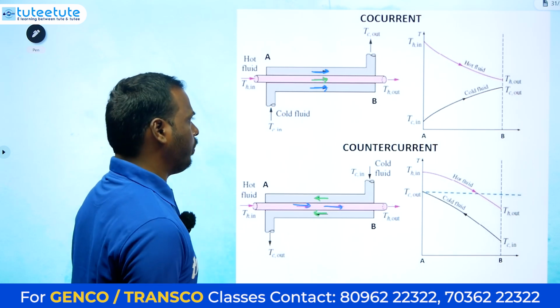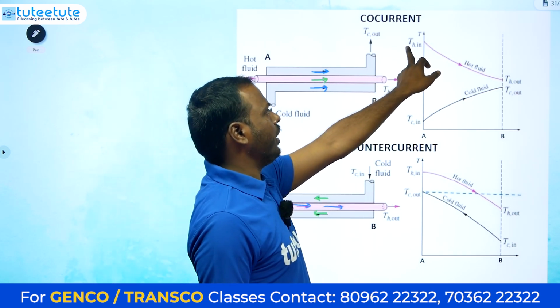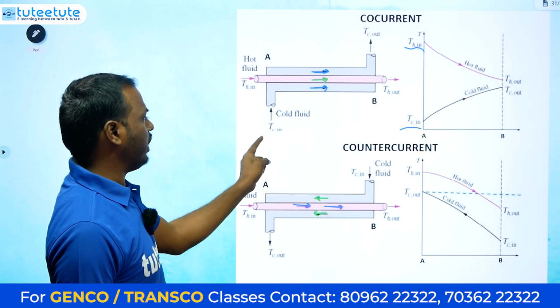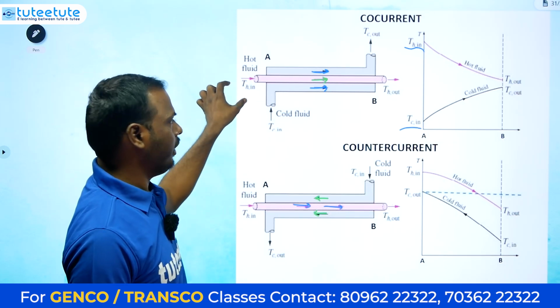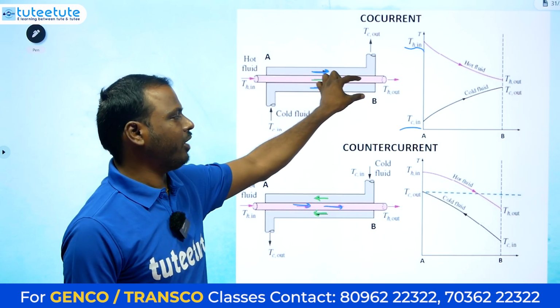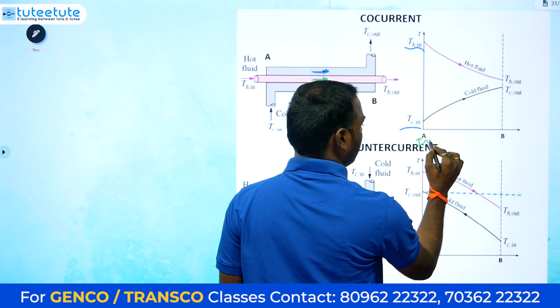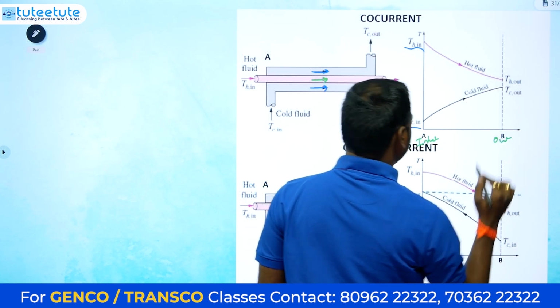What happened? Suppose this is the inside, the inside of the cold fluid. Here the cold fluid is entering, here the hot fluid is entering. Both are entering and both are leaving at the outside. I am taking this as the inlet, and here this is the outlet.